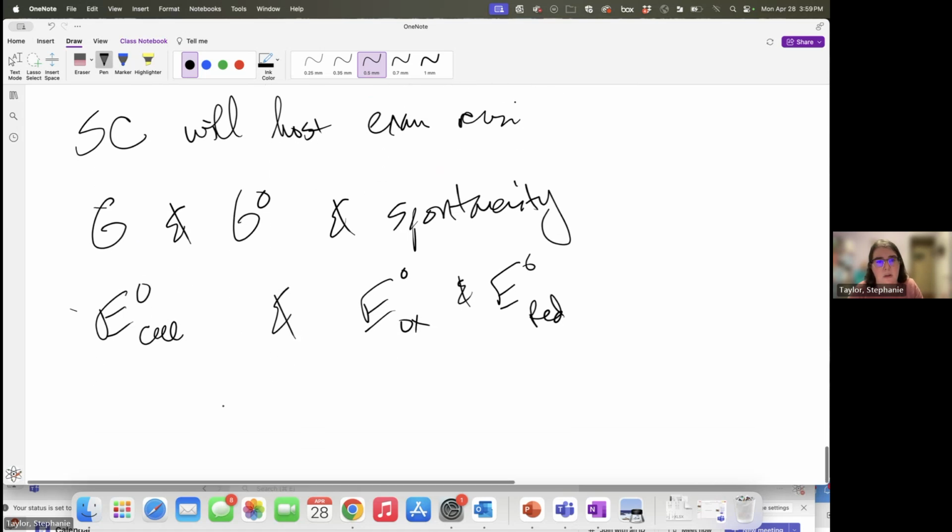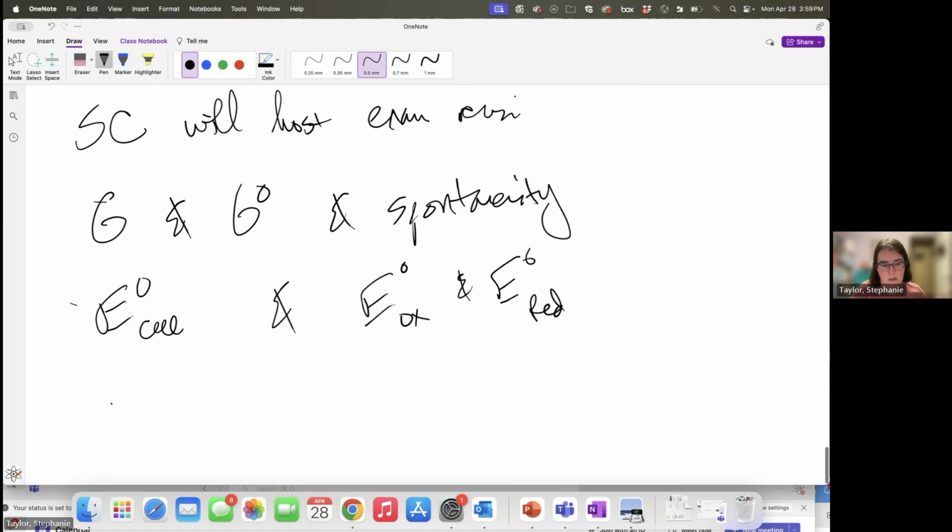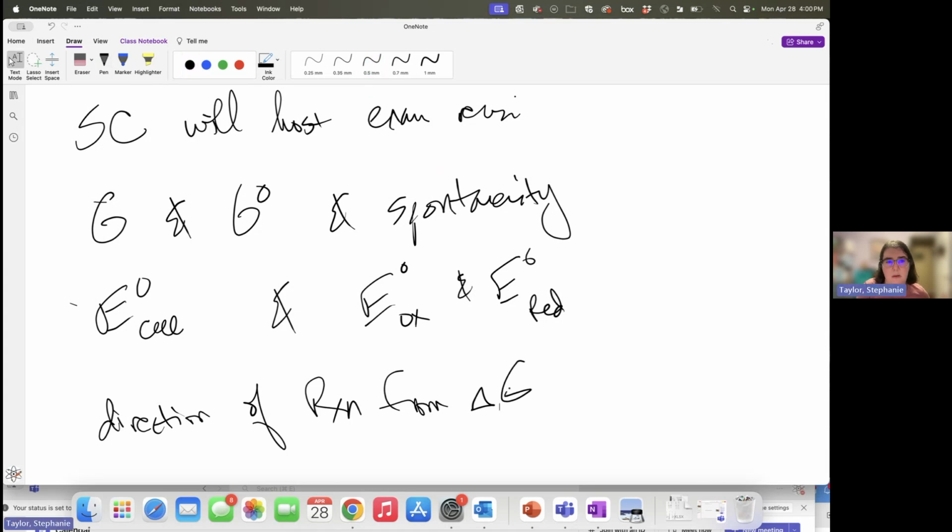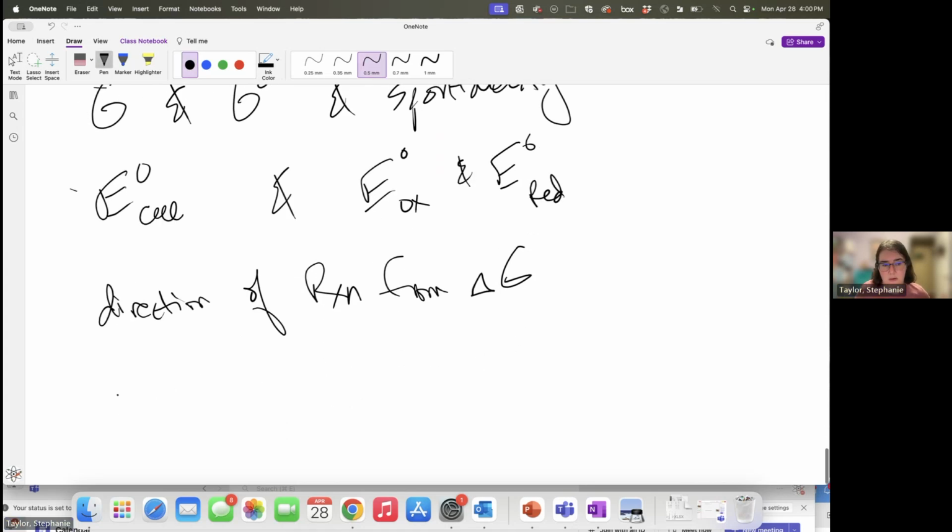Can you go over how to know which direction a reaction goes from G values? Could you do a problem where we find K using the E cell potential?